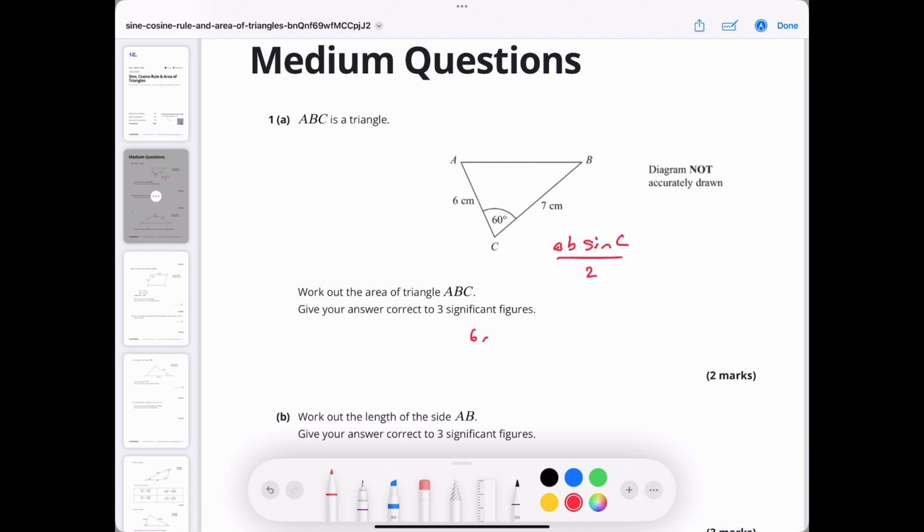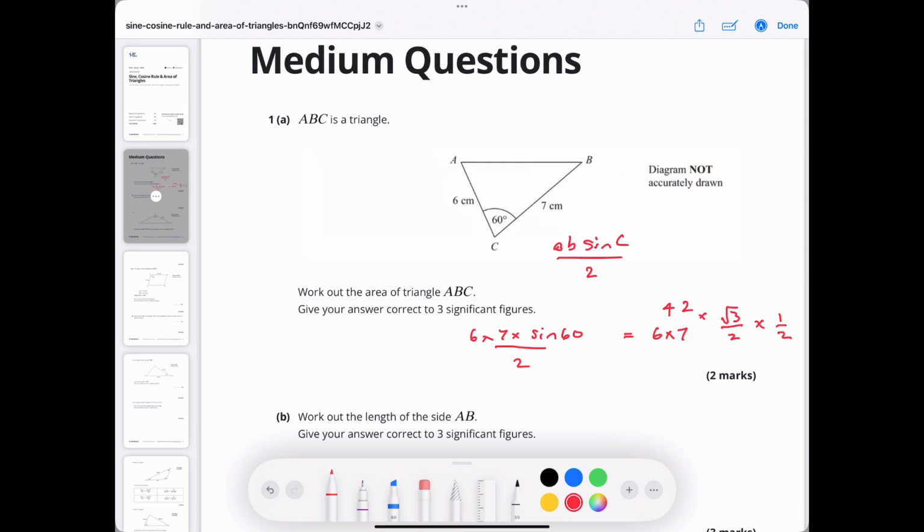Which is 6 times 7 times sine of 60 over 2, which actually we can do without a calculator. So it would be 6 times 7, which is 42. Sine of 60 is root 3 over 2, and then times half. I could do it without a calculator, I'm not going to, though.